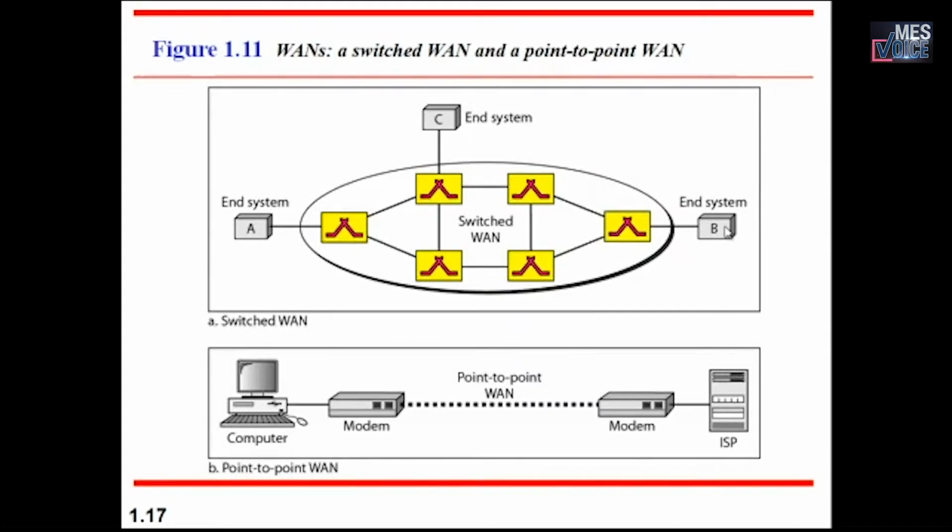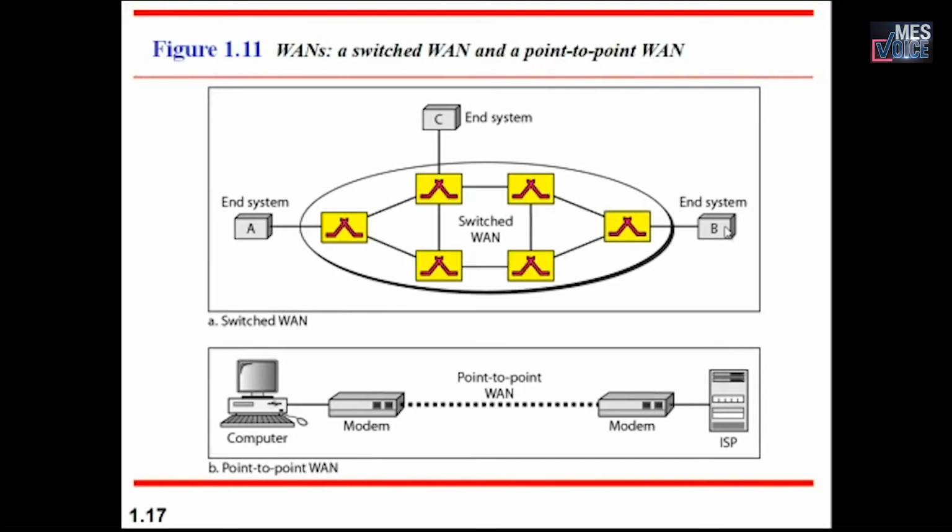And wide area networks could be switched or point to point. The figures are self-explanatory. If two systems, as per figure A, communicate with each other that are part of a switched WAN, the data must be routed through different switches.